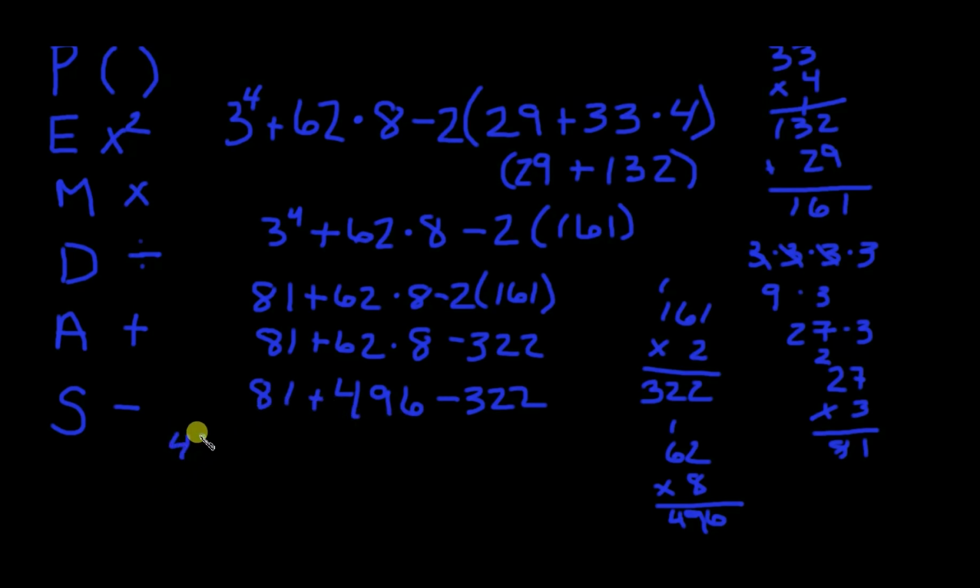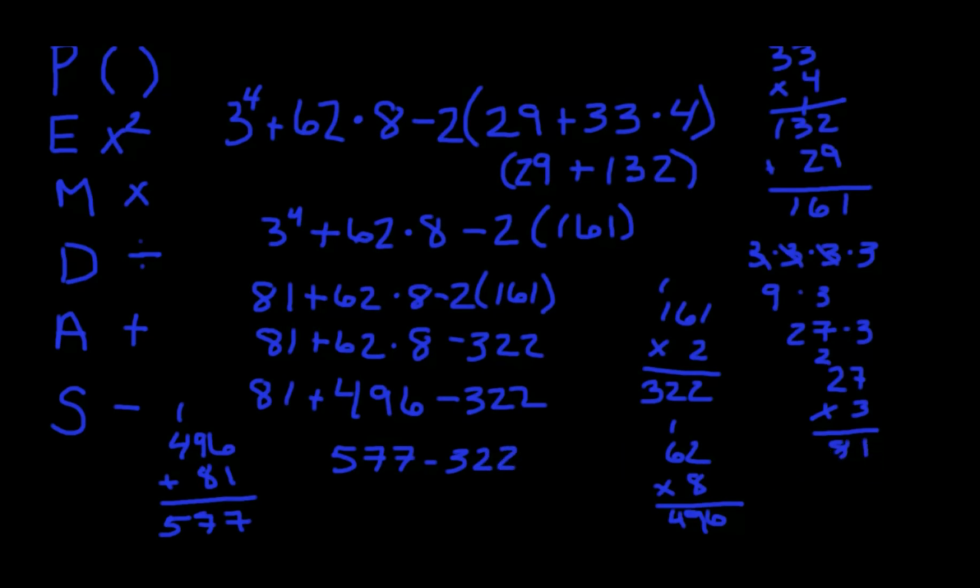So we have 496 plus 81, and 6 plus 1 is 7. 9 plus 8 is 17. 7, bring up the 1. 4 and 1 is 5. We have 577. And now we can finally do our last step and subtract the 322.